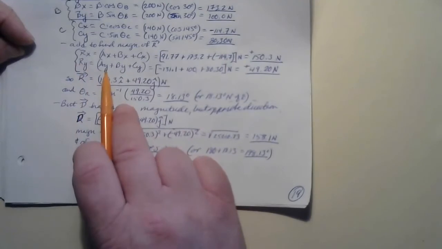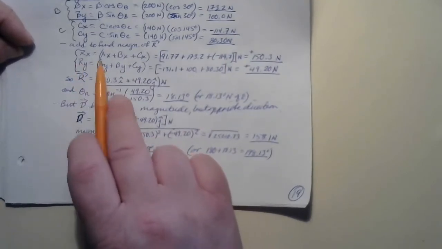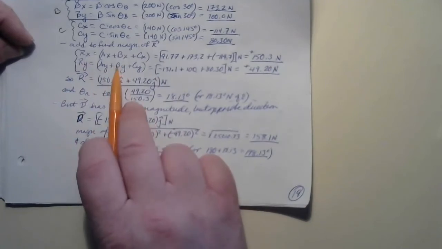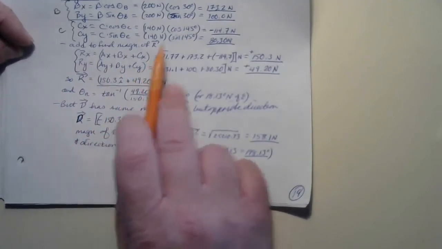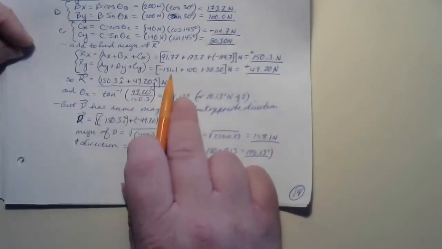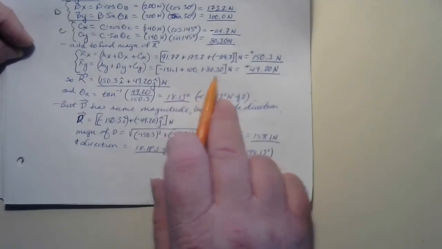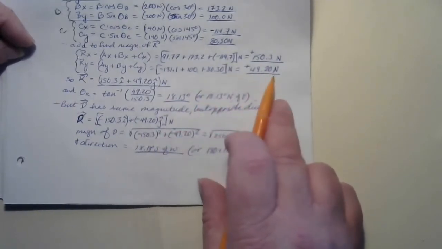The y component of the resultant is just the y component of A plus the y component of B plus the y component of C, which again we found up here. So that's negative 131.1 plus 100 plus 80.30. And that gives you 49.2.